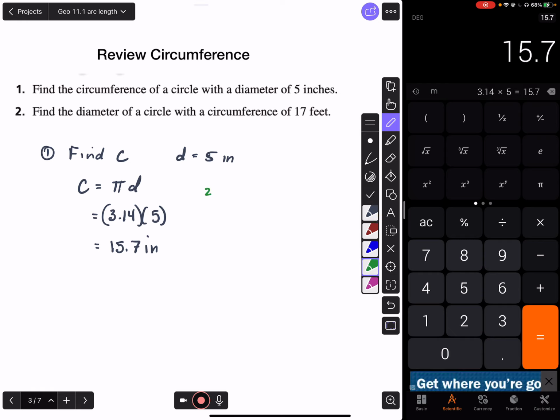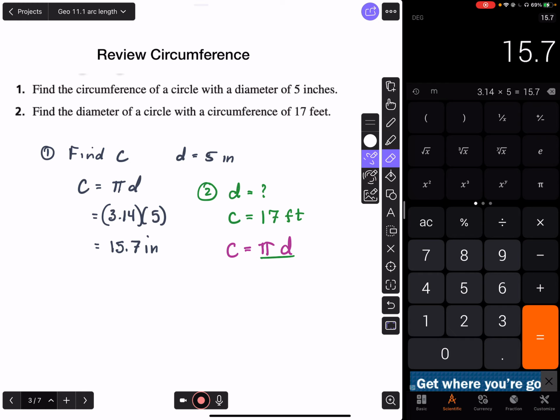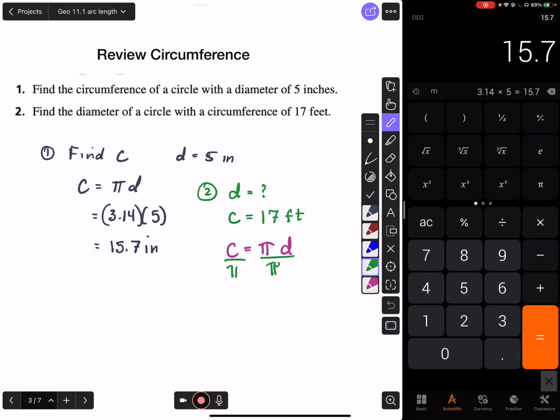Problem 2, find the diameter. So diameter equals what? That's our question mark. And they tell us circumference is 17 feet. So I'm going to have to work this in a little bit different order. Circumference equals pi d. Let's solve this for diameter. Oops, not divide by d, we'll divide by pi to get diameter alone.